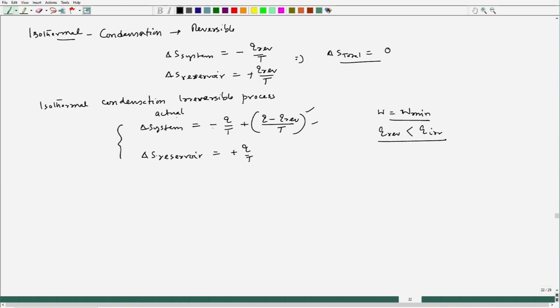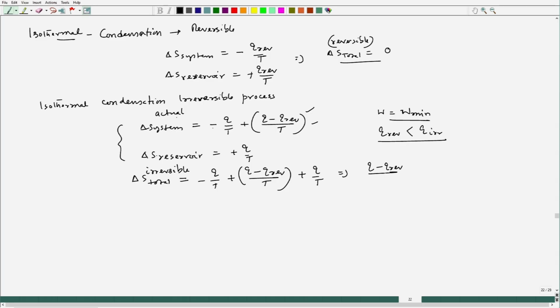So, now we can say del S total, and here it is reversible for the same state change, would be equal to minus Q by T, first I am putting all the system, plus Q minus Q reversible by T plus Q by T. So, it becomes Q minus Q reversible by T, and here since Q irreversible is nothing but Q, this is again greater than 0.